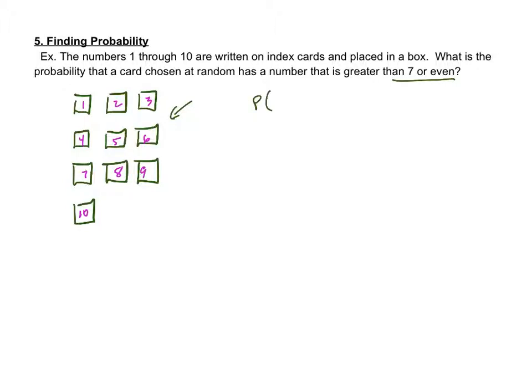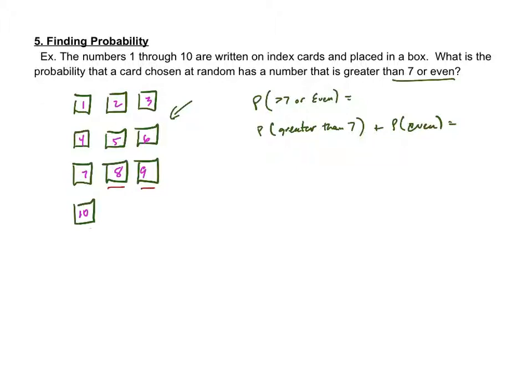Okay, so the probability of greater than 7 or even is going to be equal to the probability of greater than 7 plus the probability of even.